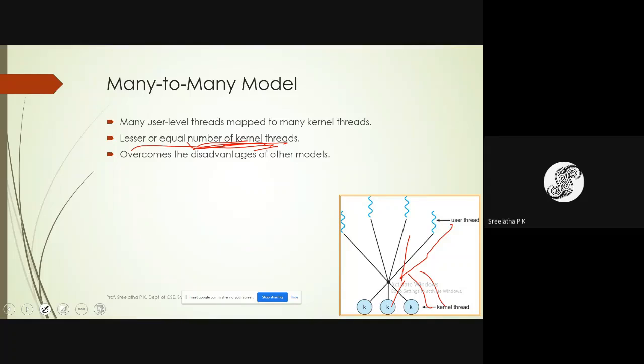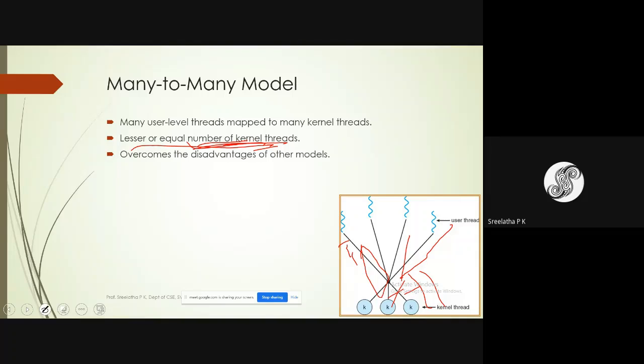So it overcomes the disadvantages of both the previous models. What was the disadvantage of the previous models? Many to one. In the many to one model, the blocking was happening. Here, even if one thread gets blocked with one of the kernel threads, there are other kernel threads to serve the other threads.